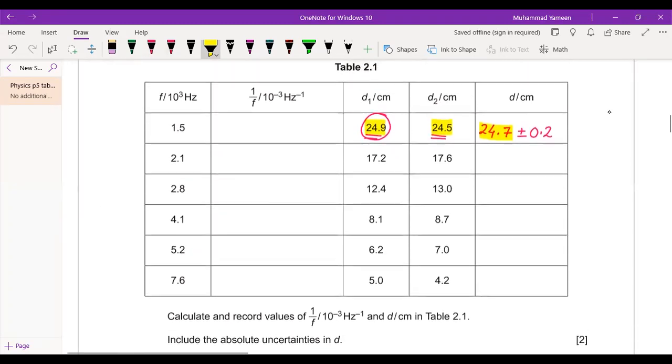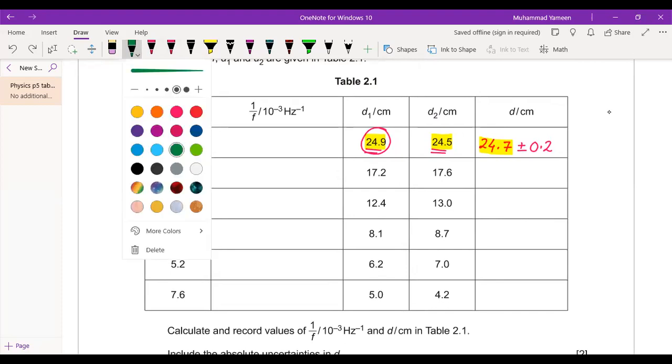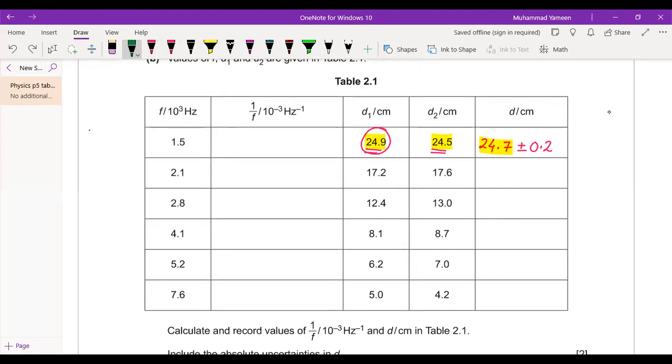Then how to calculate 1 over f? Over here, what's the value of f? If you can see, f is 1.5 times 10 power 3. So if you do 1 over f, that would be 1 over 1.5 times 10 power 3, which becomes 1 over 1.5 times 10 power minus 3.